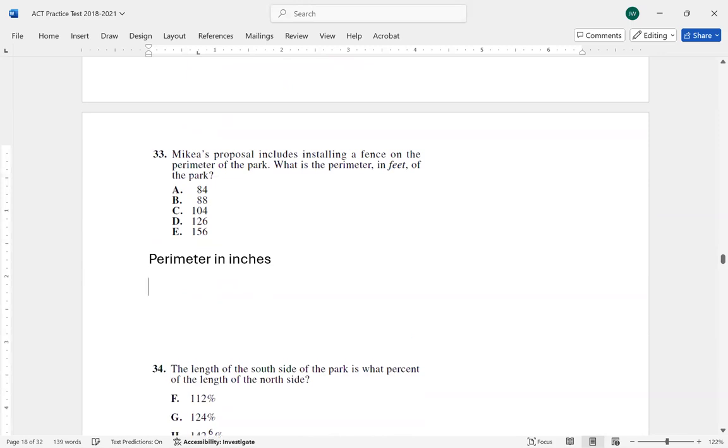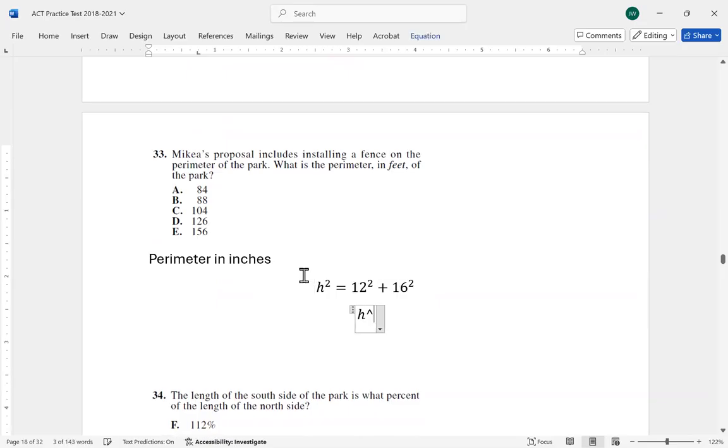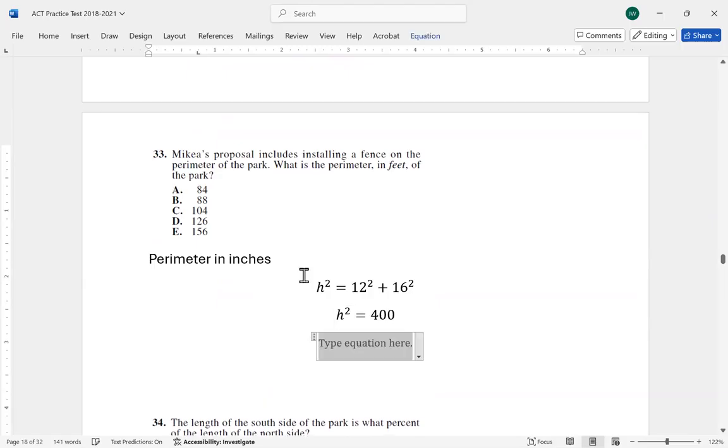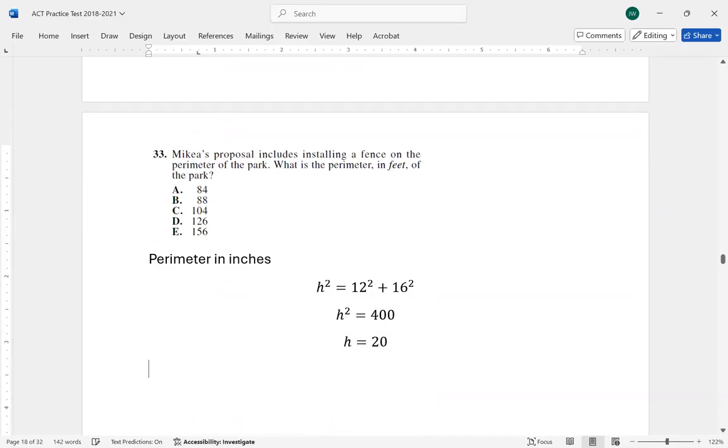So the first thing I'll do is find the hypotenuse. The hypotenuse squared is equal to, like I said, 12 squared plus 16 squared. When I take 12 squared plus 16 squared, I get 400. So the hypotenuse there is length 20. Take the square root of 400.